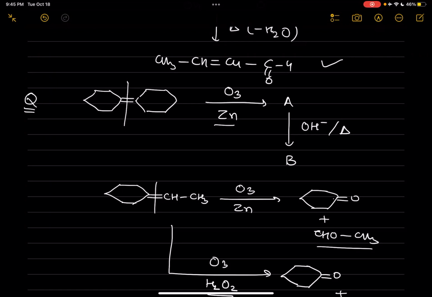So A and B. A is very simple. Okay, Sir, but if they, cyclohexanone. Cyclohexanone, right? And what is B?